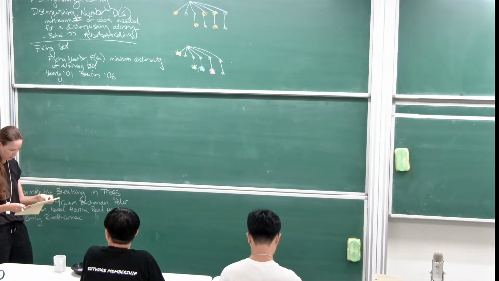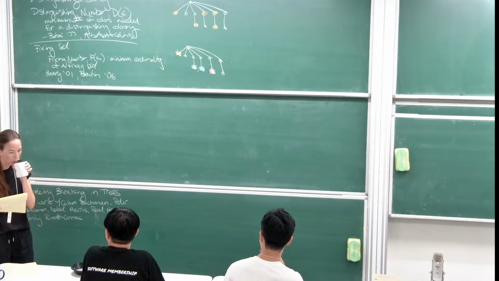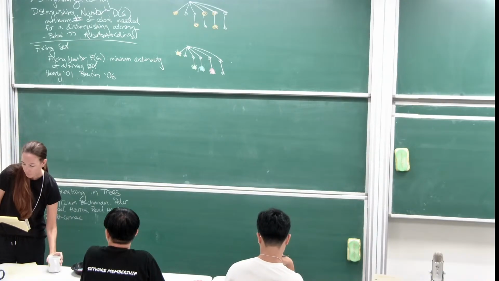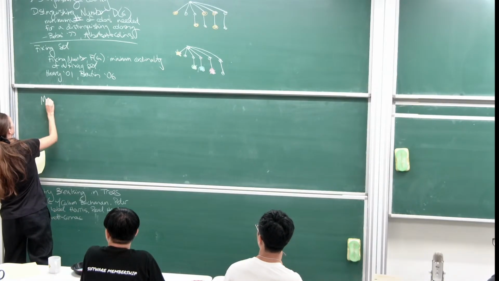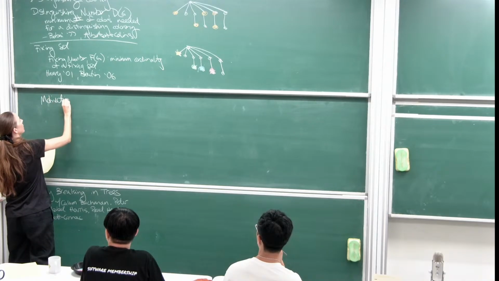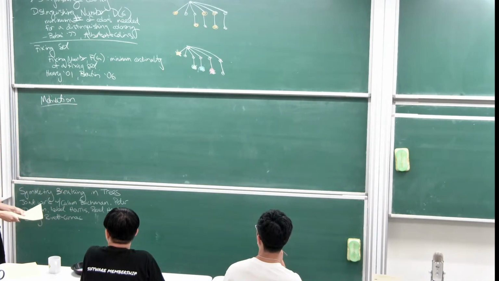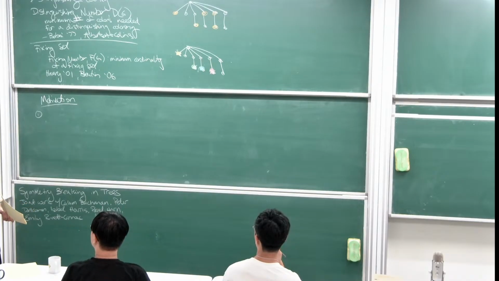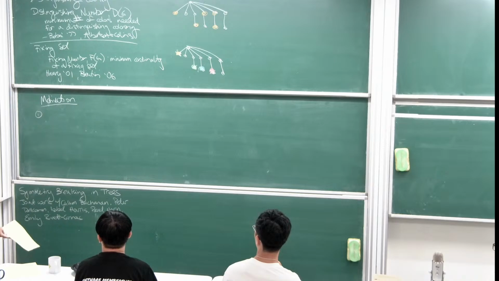All right, so motivation for symmetry breaking. Okay, so maybe the first thing is to say that you can find the distinguishing number or the fixing number of a graph, or you can bound it even if you don't know the automorphism group. So usually when you're looking at how much symmetry a graph has, the natural thing to do is to look at its automorphism group, maybe look at the size.